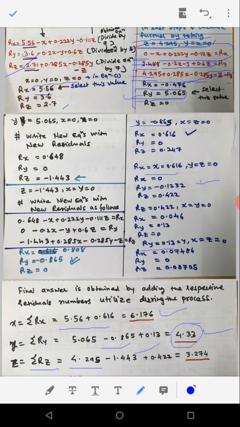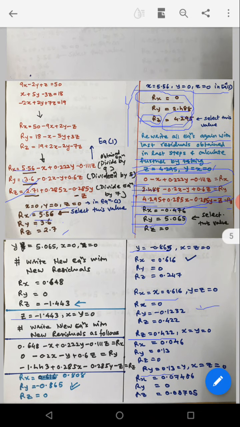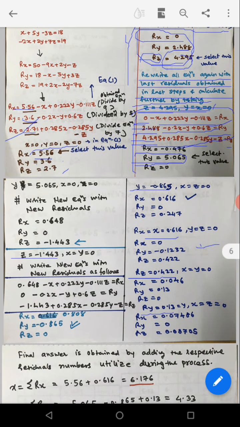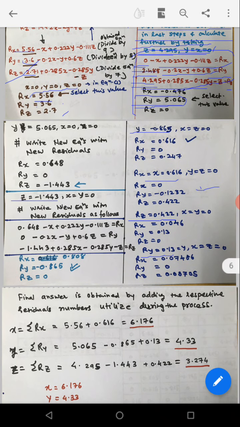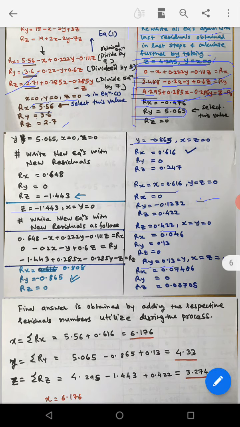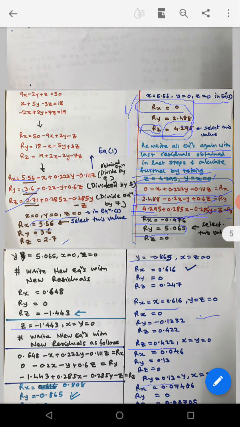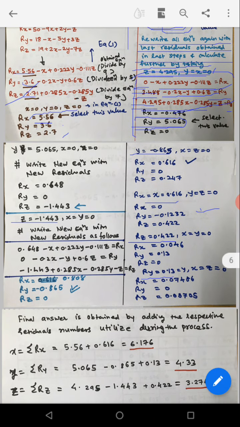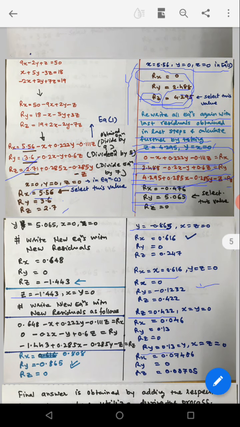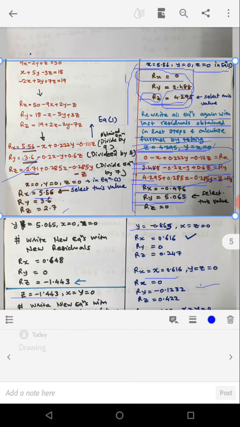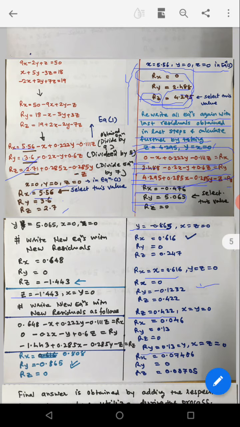For example, here you are getting Rz 0.422, then here you are getting minus 1.423, and in the earlier case, the first case, here, yes, this was the value, Rz is equal to 4.295.